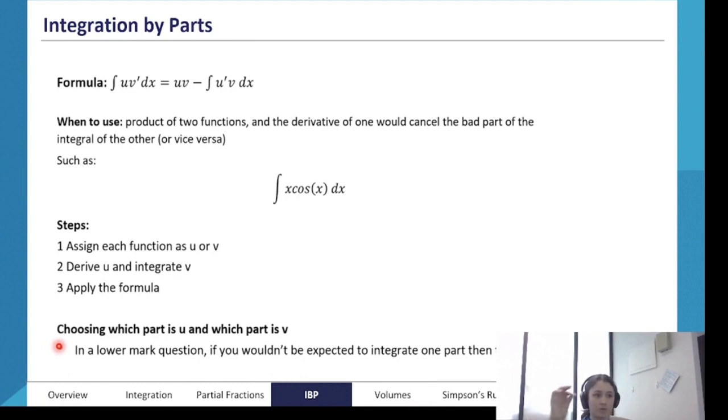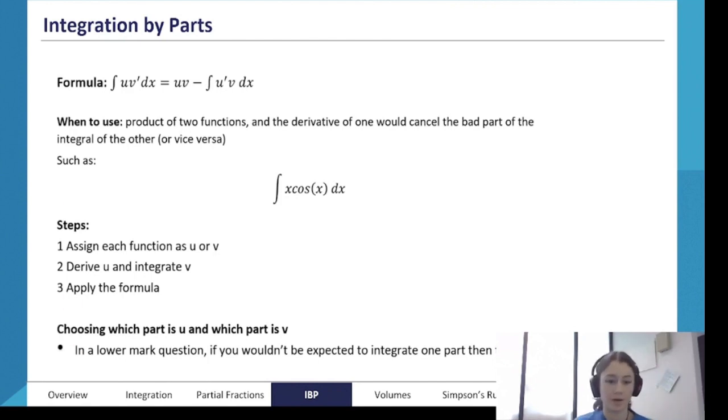So if you have a lower mark question, you wouldn't be expected to integrate one part, being v, if it's too difficult, and if that's the case, then if it's a lower mark question, then probably don't do it.